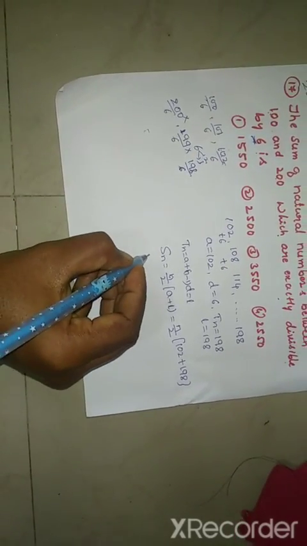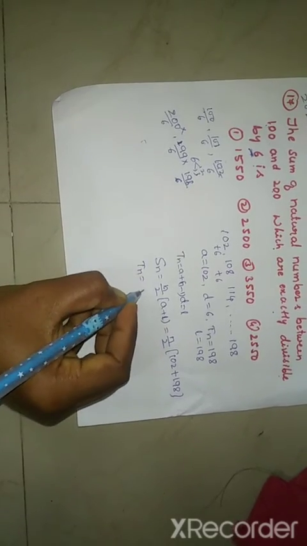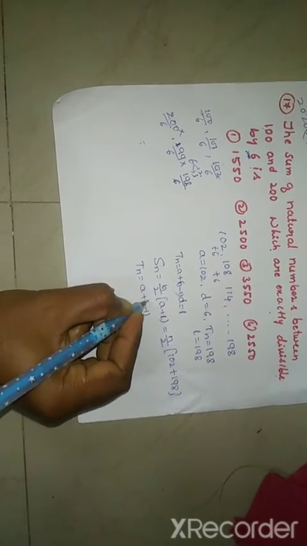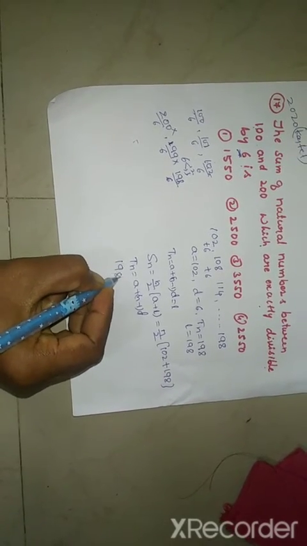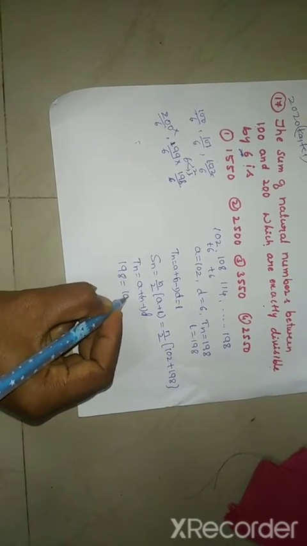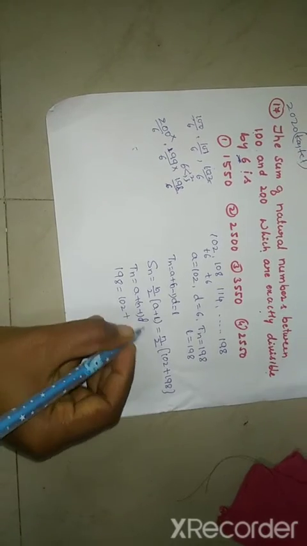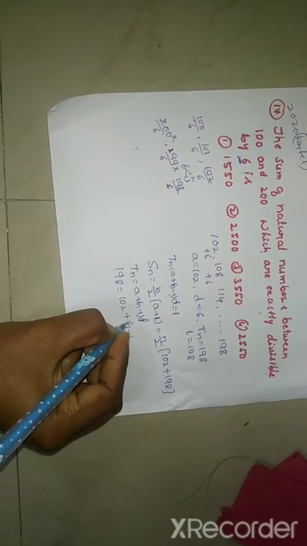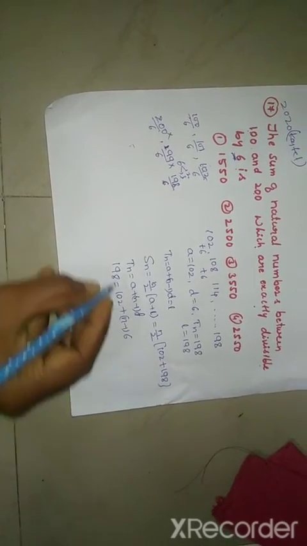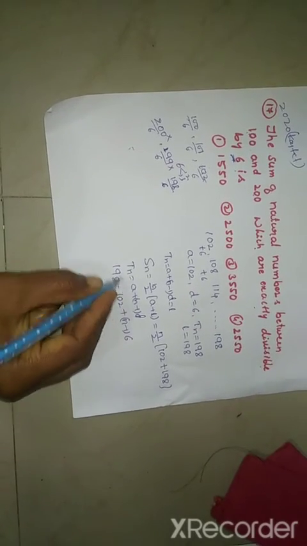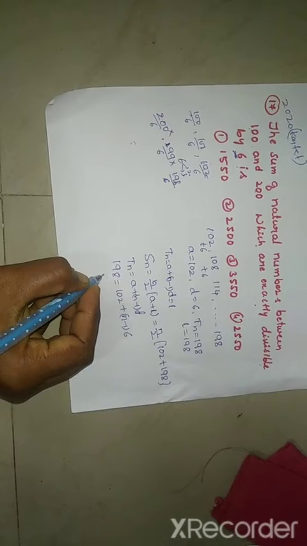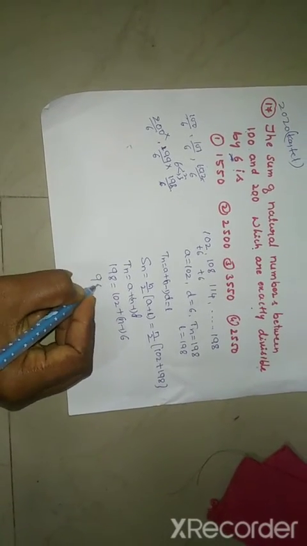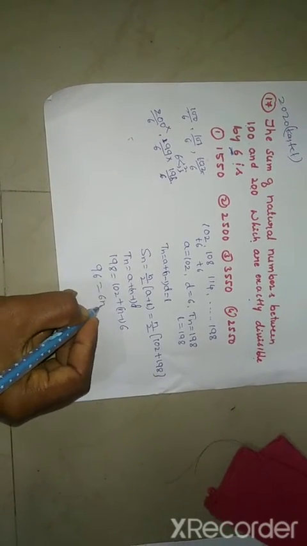So we know the formula Tn is equals to a plus n minus 1 into d. Value of Tn is 198, that is equals to 102 plus n minus 1, and the value of d is 6. If we shift 102 to the left side, 198 minus 102 is 96, that is equals to 6n minus 6.